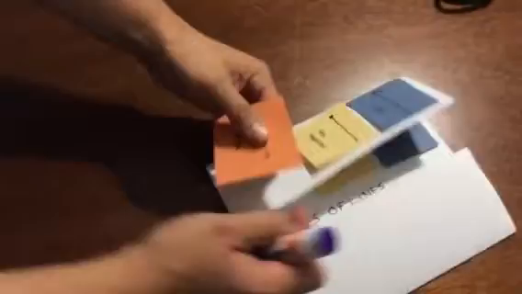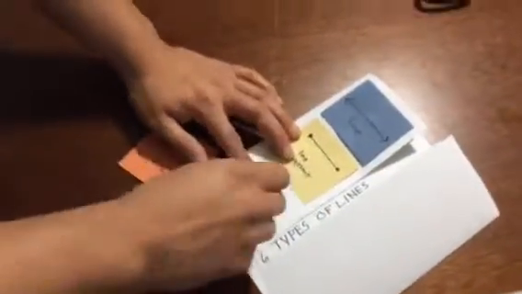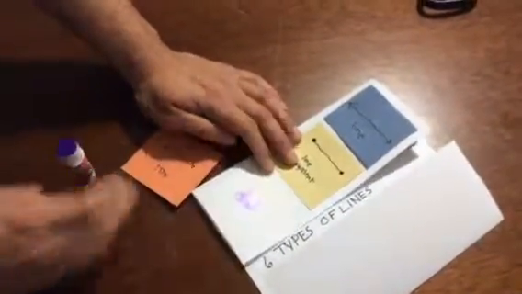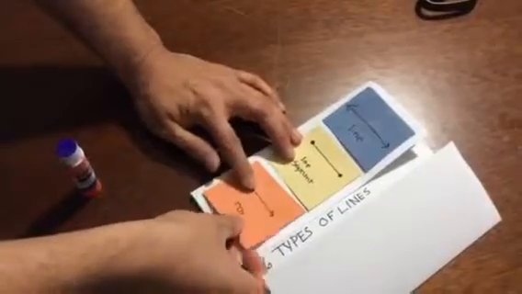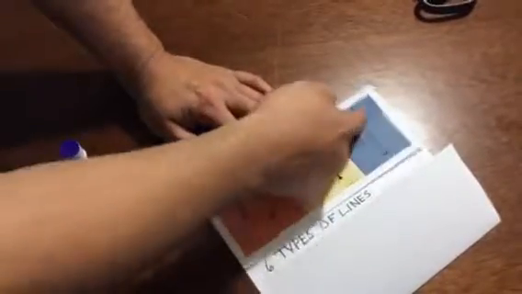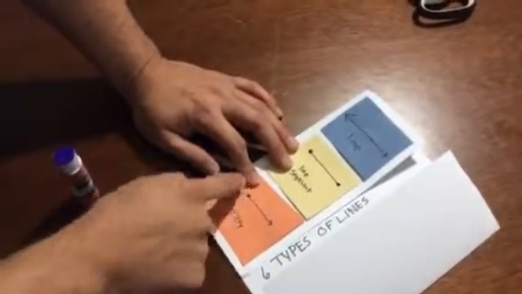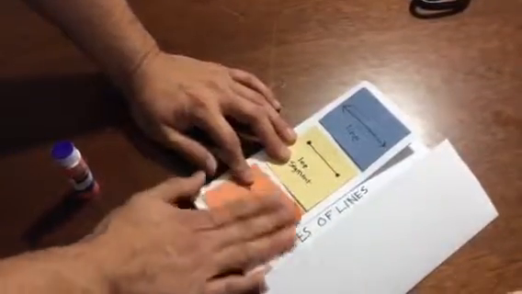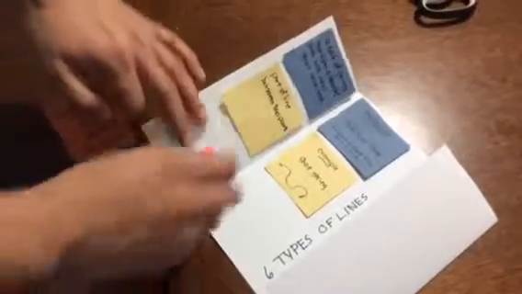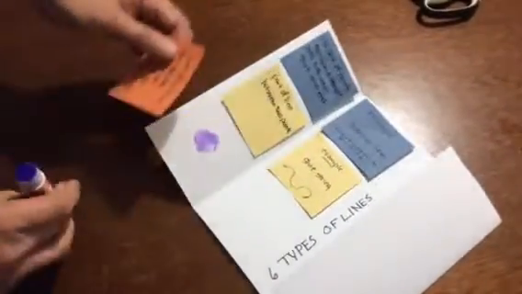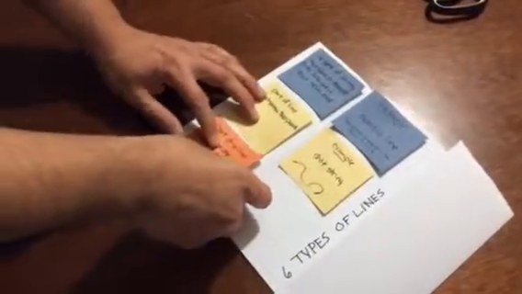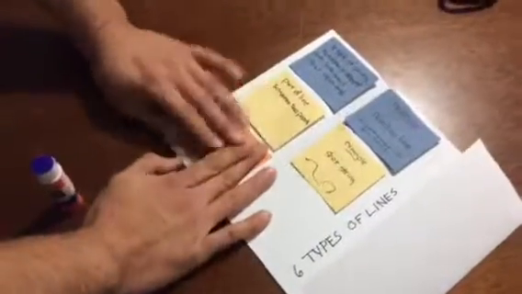Now let's go for the next one, ray. Remember what a ray is. It's part of the line, but it's cut. So it has an endpoint, but goes forever in one direction the other way. So that is a ray. And we'll put the definition there. When you put the definitions in here, you don't have to make it a long and lengthy one.